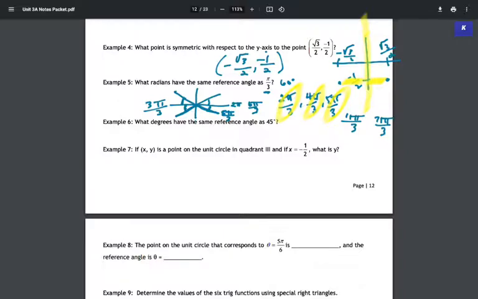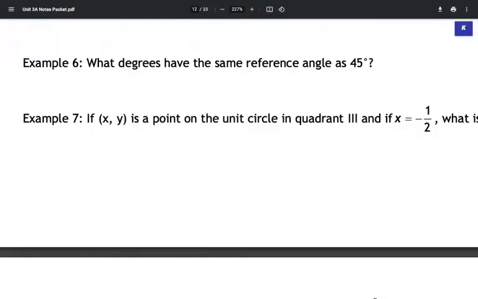Okay. Next, what degrees have the same reference angle as 45? Let's just draw that over here. So here's a 45-degree reference angle. We want a reference angle here that's 45, a reference angle here that's 45, and a reference angle here that's 45. Remembering that this is 180 right here, this is 360 right here.